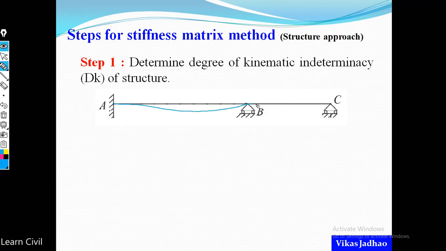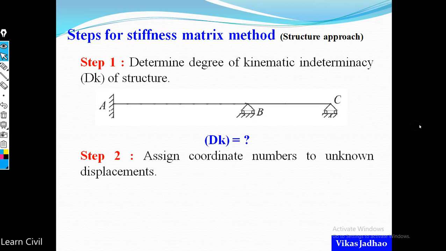Here we will have theta B, here we will have theta C. So the total unknown displacements are theta B and theta C. So we can determine the degree of kinematic indeterminacy, which for this particular case will be equal to 2.